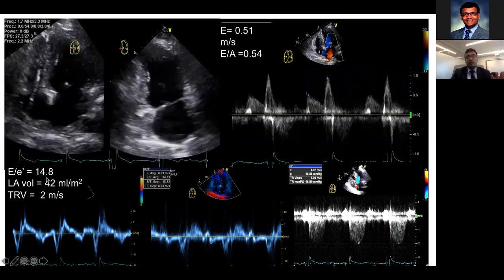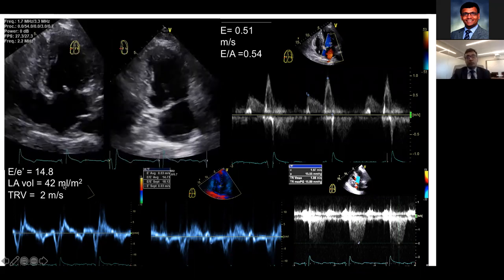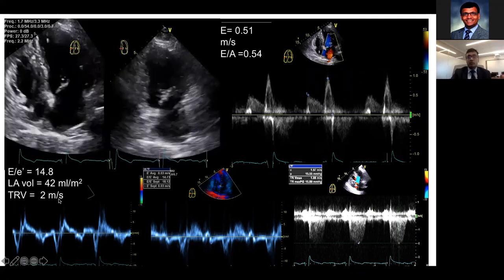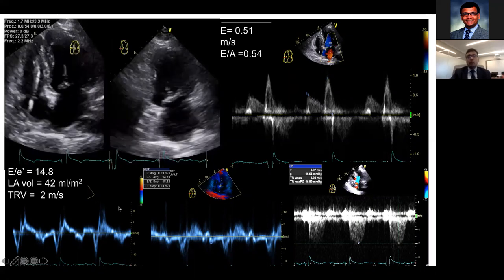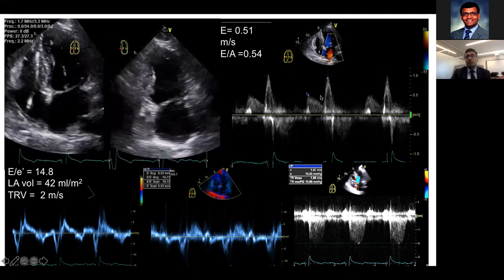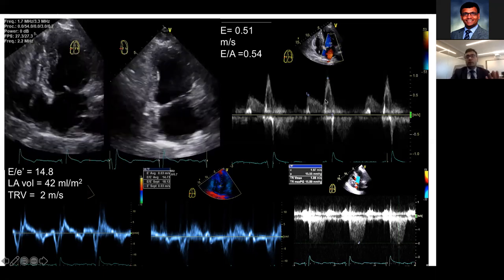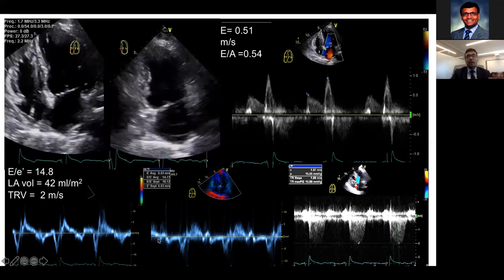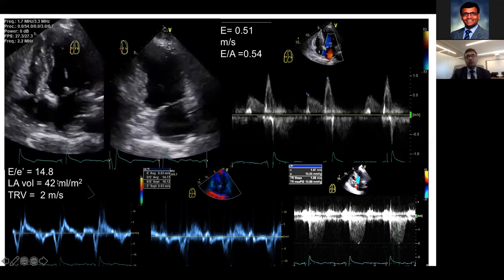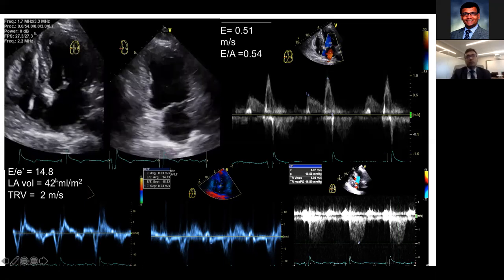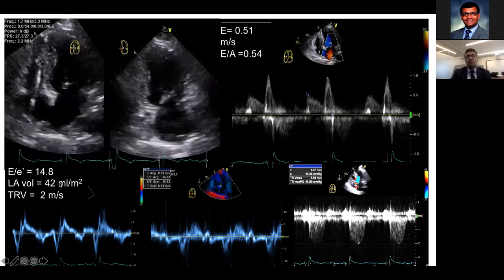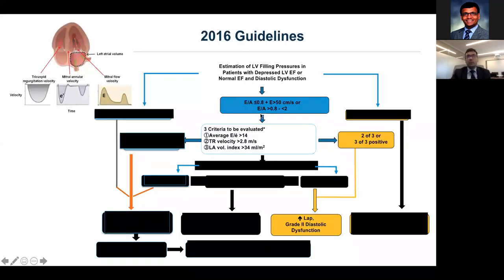E by E prime is elevated. LA volume is elevated. TR velocity is normal. So you have a situation here where the E by A ratio looks normal or less than 0.8, yet there are two features which are abnormal, and that is E by E prime is increased and LA volume is increased.